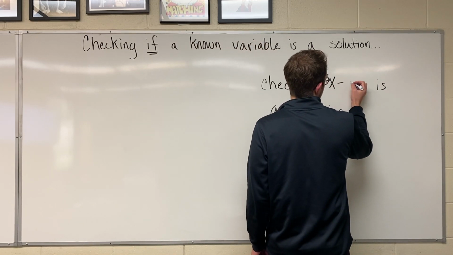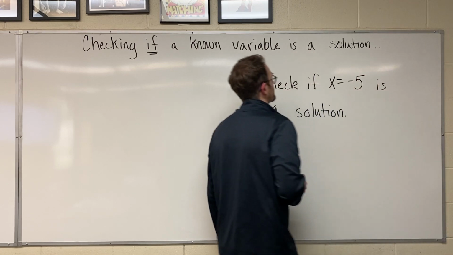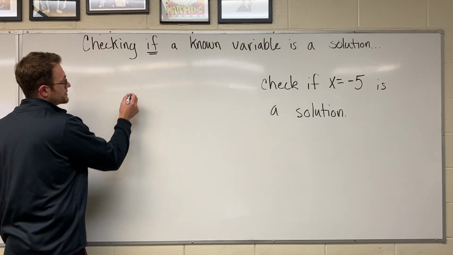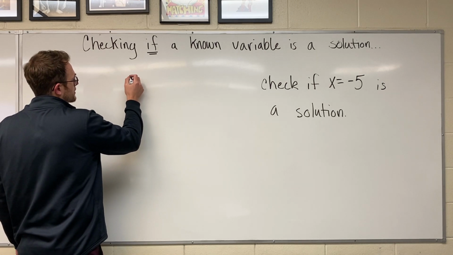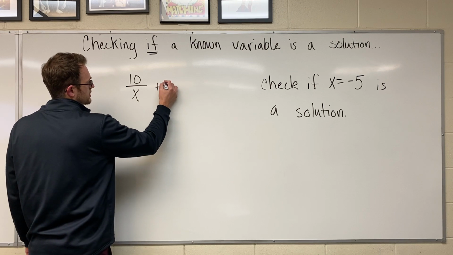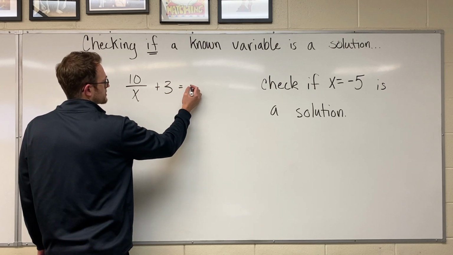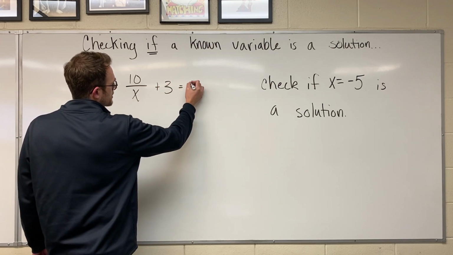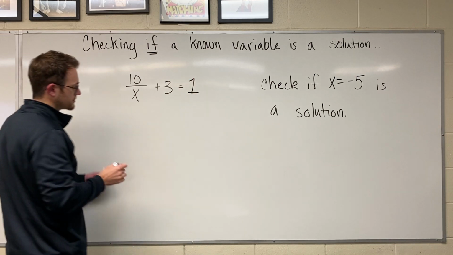x equals -5. All right, so let's do 10 over x plus 3 equals 1.